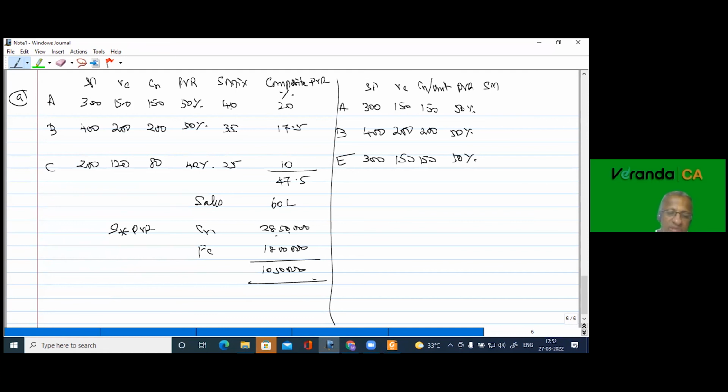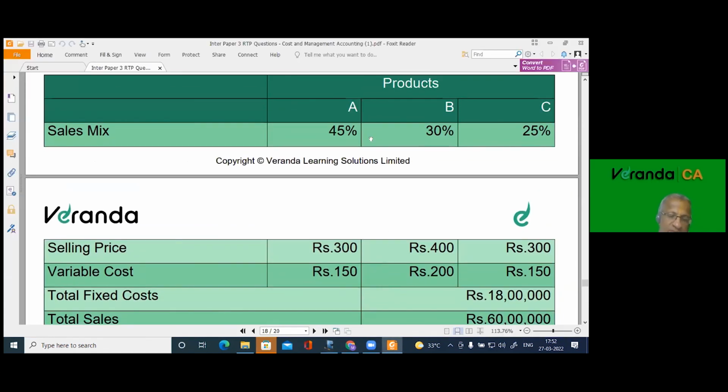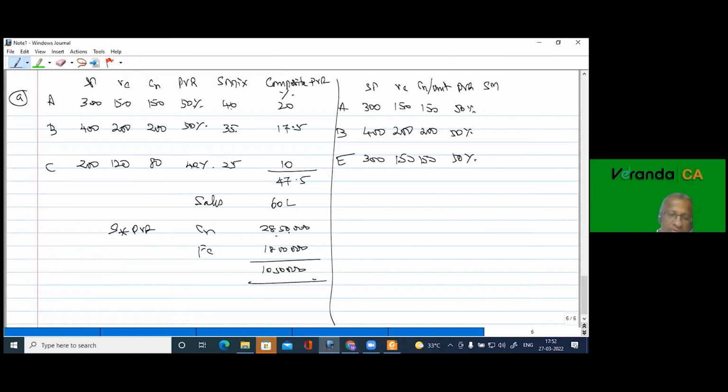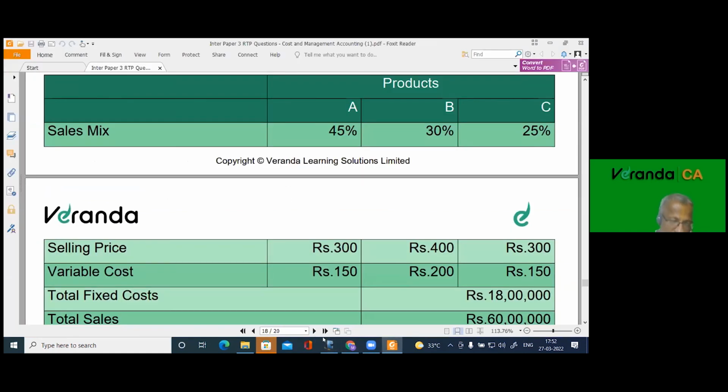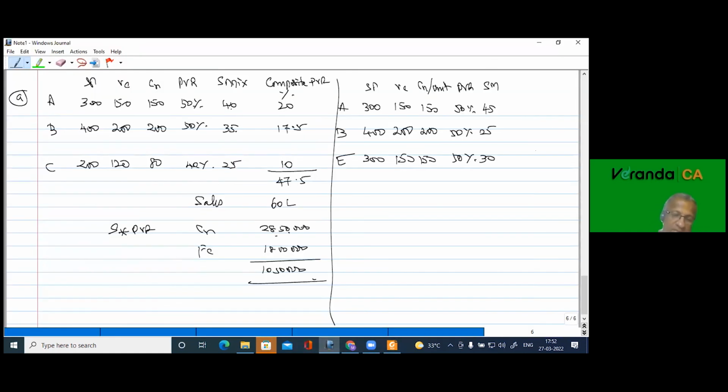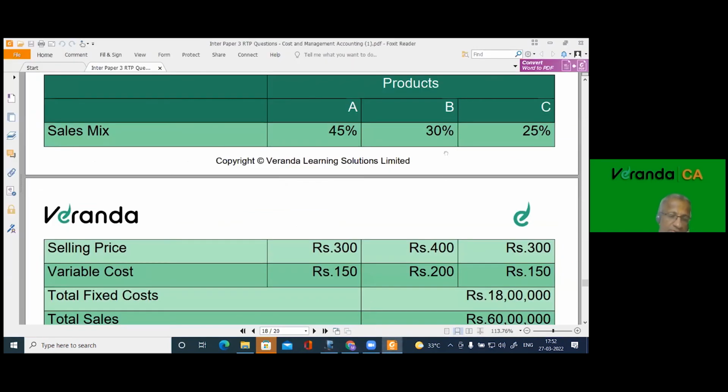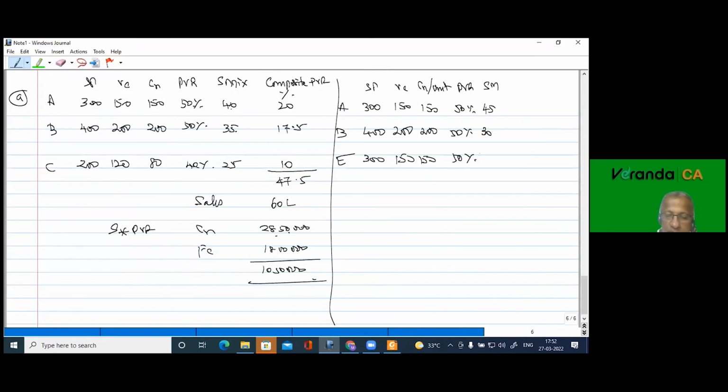Now, sales mix. What is the sales mix in percentage? 45, 30, 25. So, composite PV ratio. 50% on 45 is 22.5. 50% on 30 is 15. 50% on 25 is 12.5.